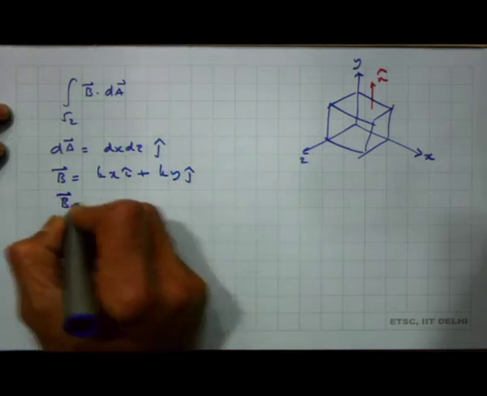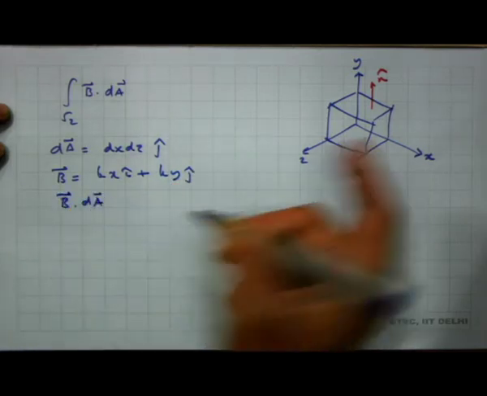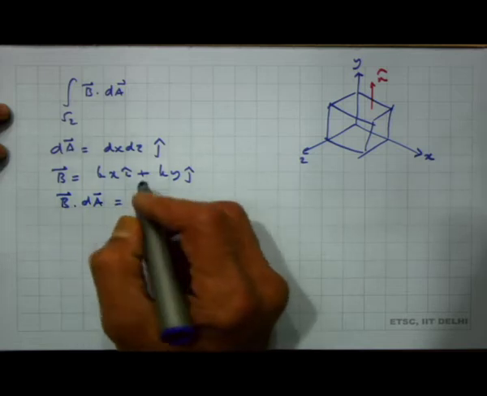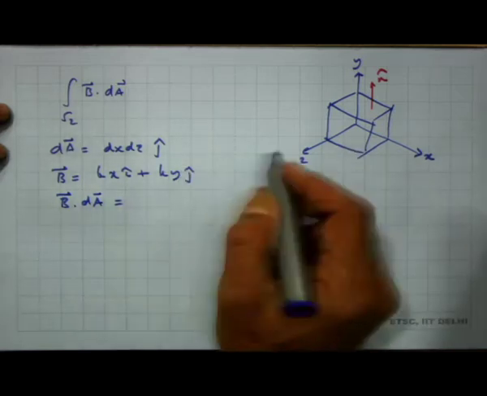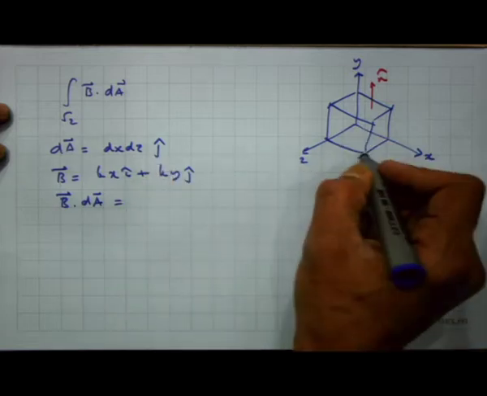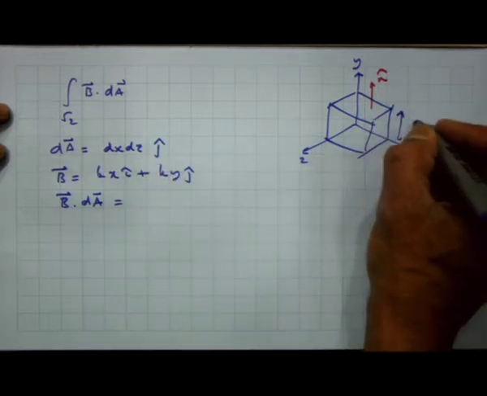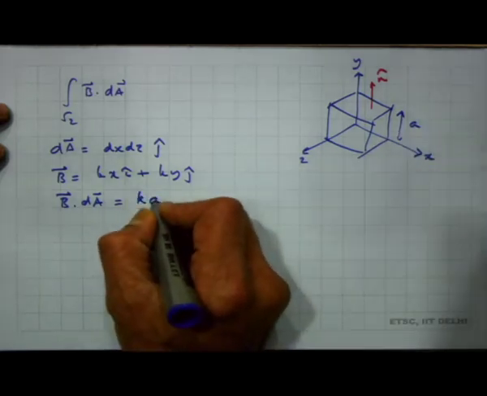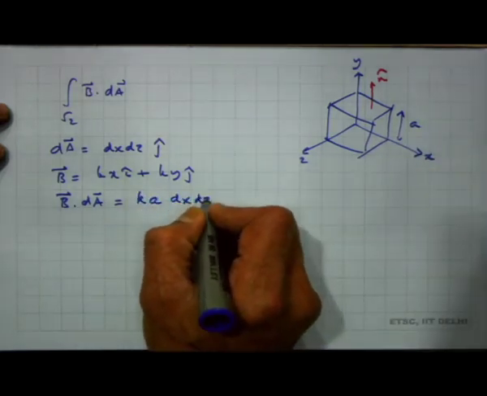So, B dot dA on surface S2 will be equal to, now this surface S2, y is equal to A. I dot j is 0, j dot j is 1 and y happens to be A, because this distance is A. So, this is nothing but k A dx dz.